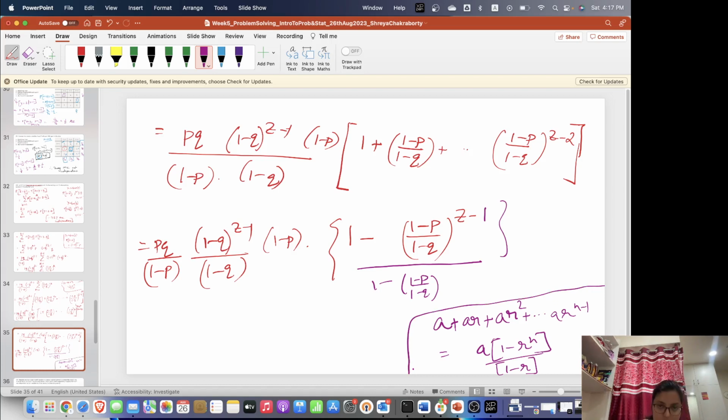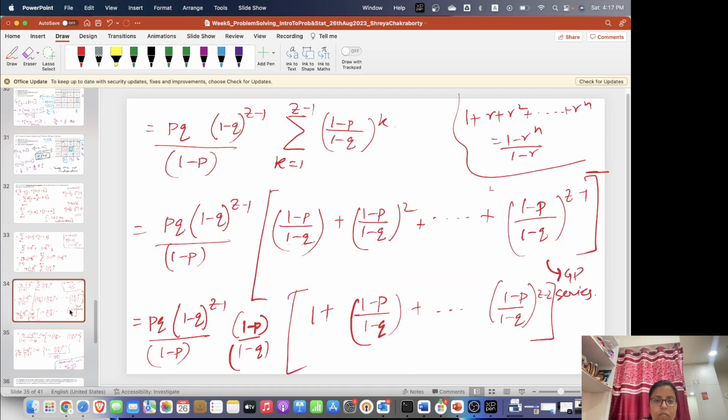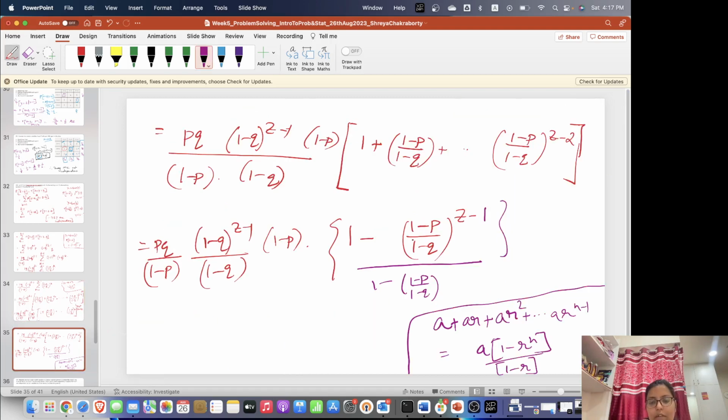After simplifying this, I had written this one incorrectly, but this is fine. So after simplifying this, what do we get? 1 minus p is cancelling. Here we have pq 1 minus q to the power z minus 1 by this one. If we solve, 1 minus q and 1 minus q will be cancelled.